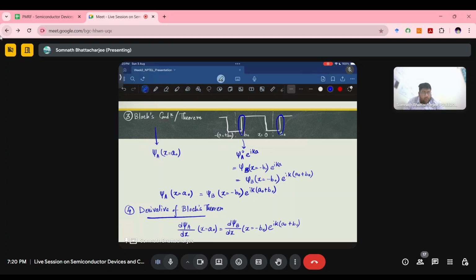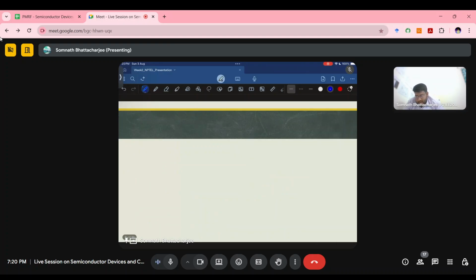So these are the four major boundary conditions, and based on these conditions we get a function of energy, let's say f of E, which is equivalent to cos of a multiplier k times the lattice constant a, or k times (a naught plus b naught).